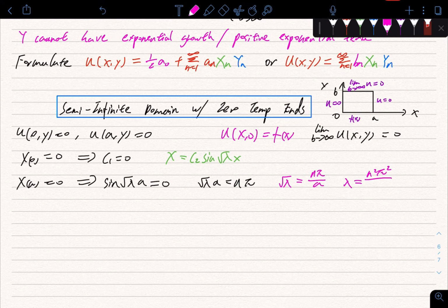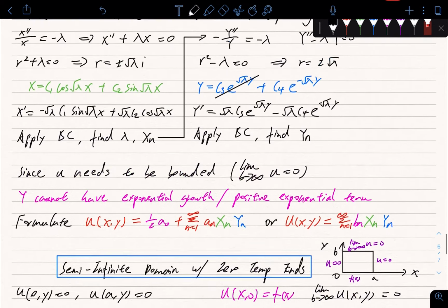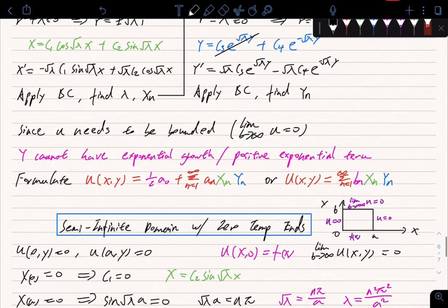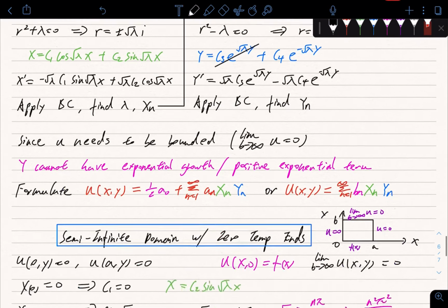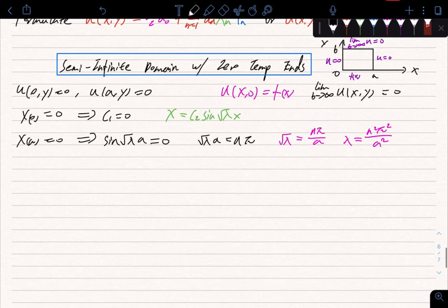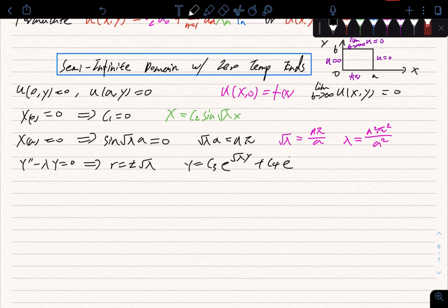And then let's turn our attention to the y term. Based on what we learned before, solving this differential equation will give us r equals positive or negative square root of lambda, so Y equals C3 e to the square root of lambda y plus C4 e to the negative square root of lambda y.